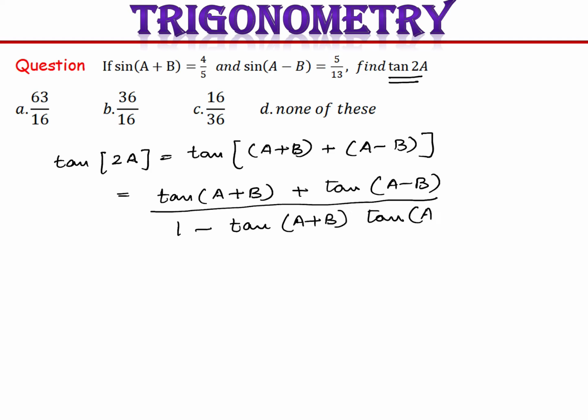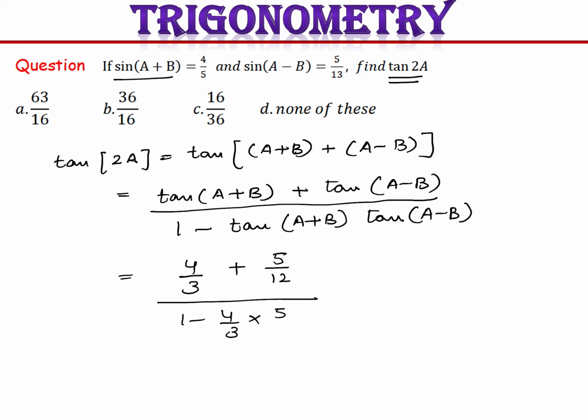Now you just have to put these values. Now again see, I'm given sine (A plus B) is 4 by 5. So we remember a Pythagoras triplet, 3, 4 and 5, so I can write the value here as 4 by 3. Next, sine (A minus B) is 5 by 13, so this becomes 5 by 12. Similarly, 1 minus 4 by 3 into 5 by 12.